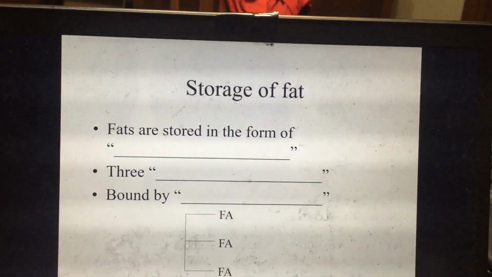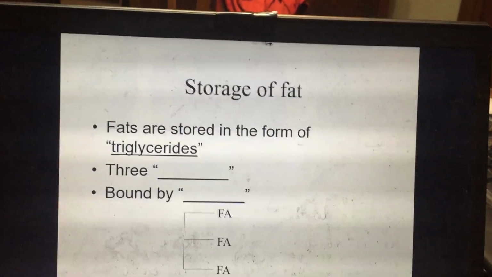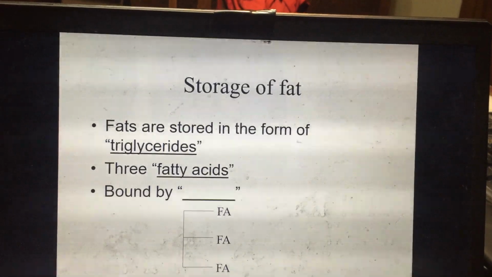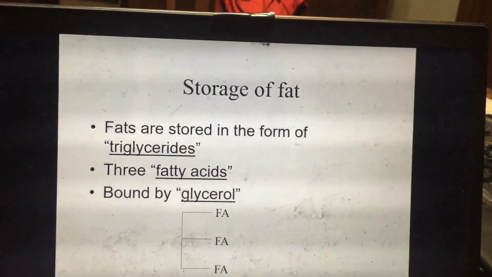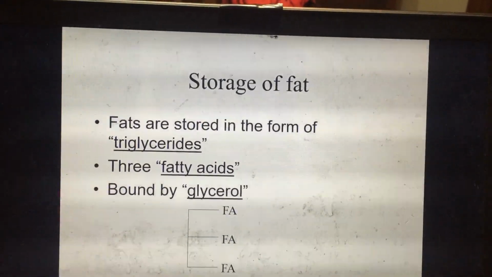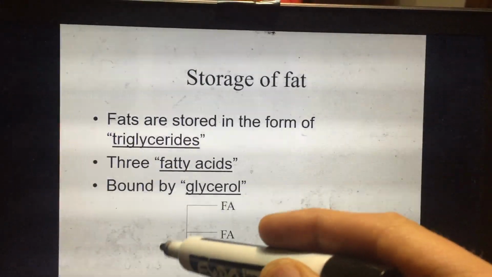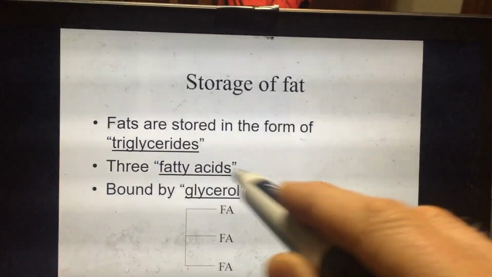Storage of fat. Fats are stored in the form of what are called triglycerides. They're called triglycerides because they're made up of 3 fatty acids. And then the glyceride part of that term comes from glycerol. So glycerol is a carbon backbone. And I've drawn a rough diagram of a triglyceride here.